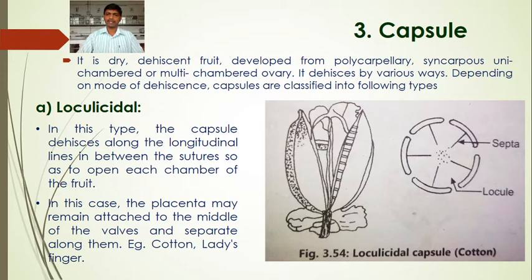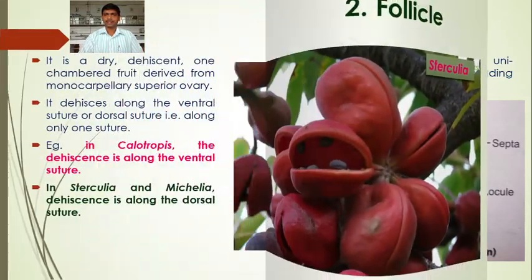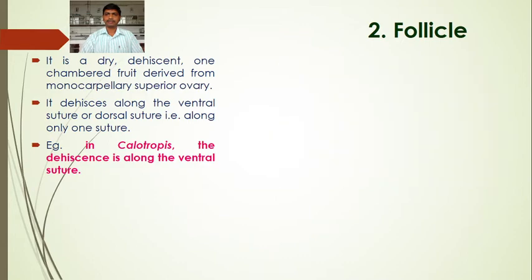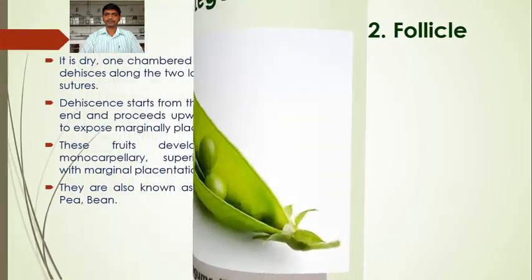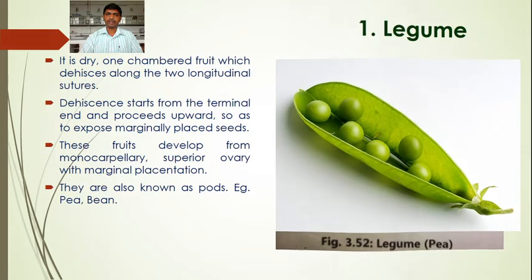In the follicle type of fruit, as in the legume type of fruit, the fruit is developed from a one-chambered, unilocular, monocarpellary ovary.